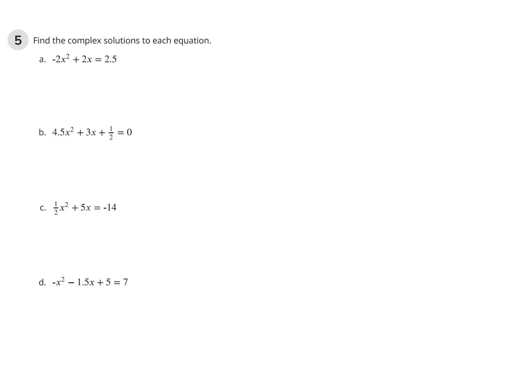Okay, let's look at number C. Add 14 to both sides. So rewriting our equation, we got 1/2 x squared plus 5x plus 14 equal to 0.